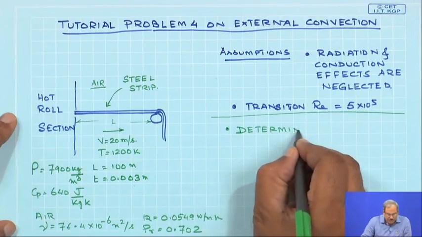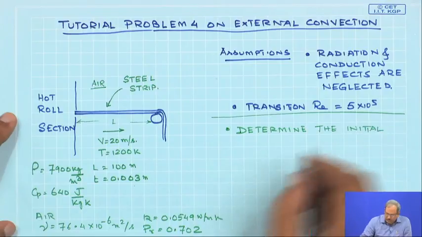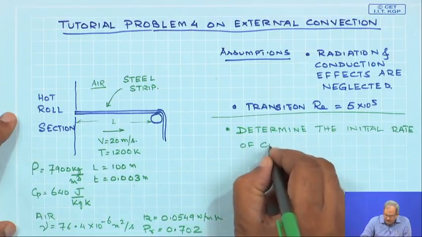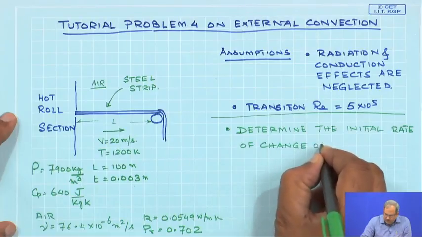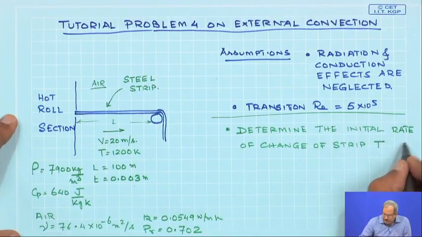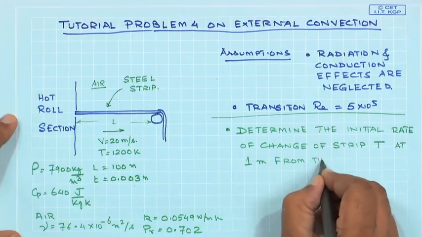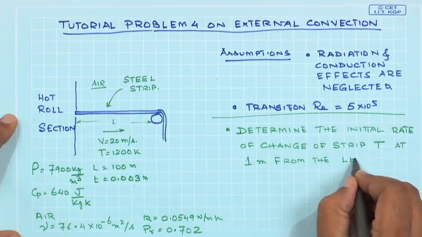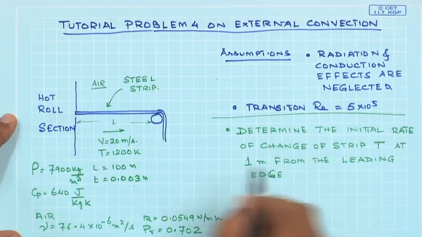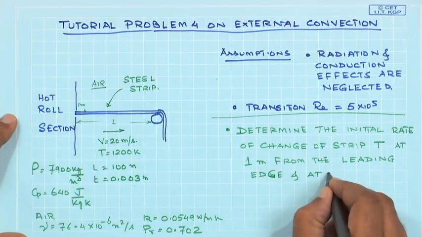You have to determine the initial rate of change of strip temperature at 1 meter from the leading edge, that means over here, which is 1 meter, and at the trailing edge.